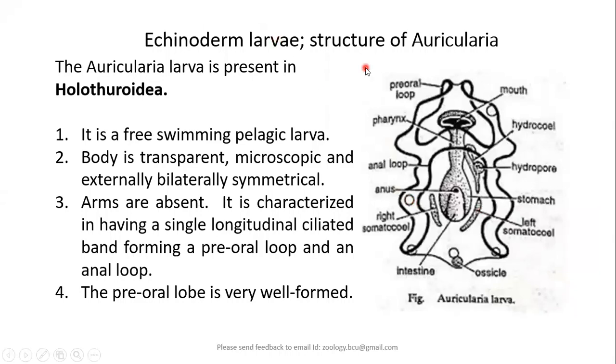Then coming to the structure of Auricularia larva. The Auricularia larva is found in the life cycle of holothuroids. Under Holothuroidea, we have studied sea cucumbers, Holothuria. So as you see here, just like Bipinnaria larva, Auricularia larva is also bilaterally symmetrical.